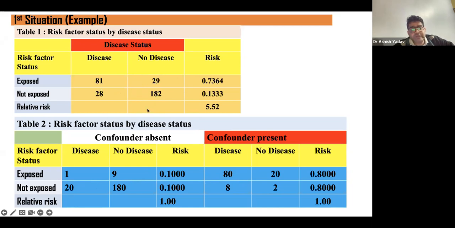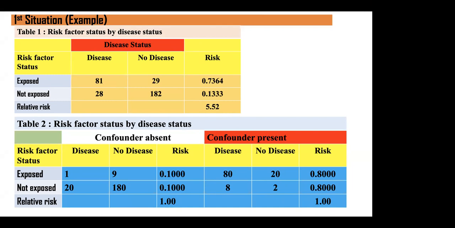The data set, the n, is the same. The only thing I have done is stratify this data based on the confounder being present or absent, and then analyze the data again. Here you can see that when the confounder is absent, we get no risk, and when the confounder is present, we also get no risk. So if we do not consider the effect of the confounding, we get a risk of 5.52, but in actuality there is no risk.